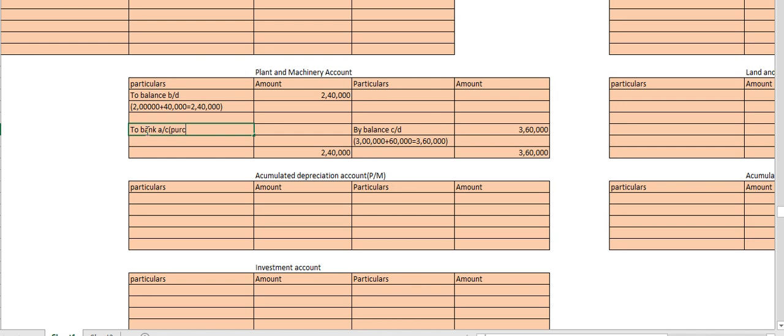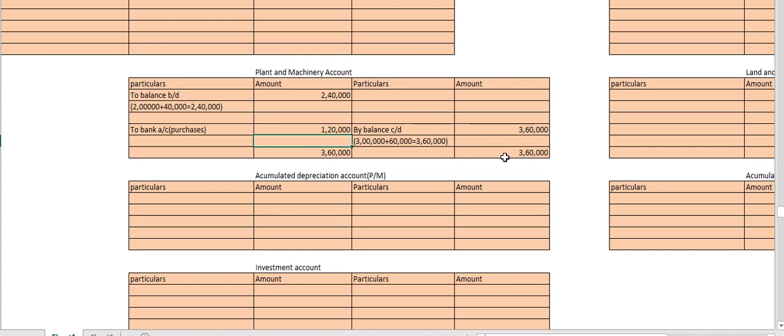If there is a debit balance, it is purchases. If it's a credit balance, it is sales. Here it is a debit balance, so it is considered to be purchases. The balancing figure is 3,60,000 minus 2,40,000, which is 1,20,000. So your total of the plant and machinery account gets balanced.